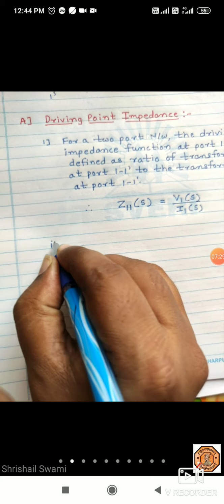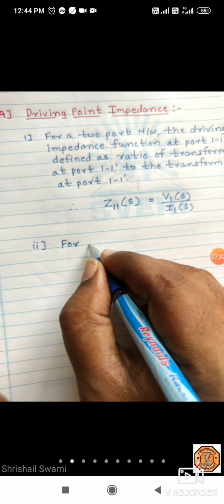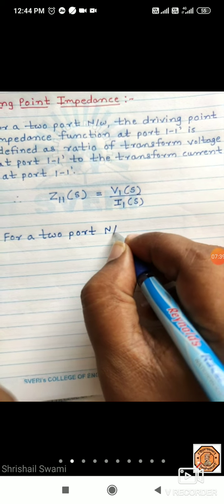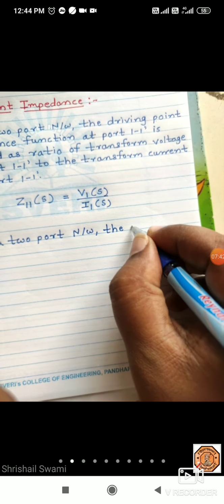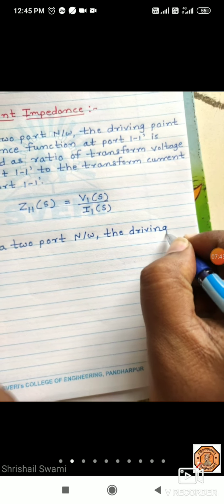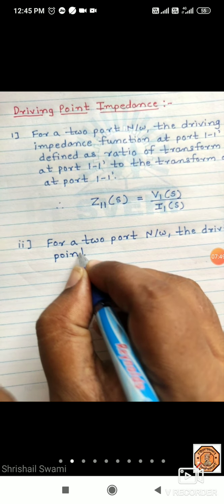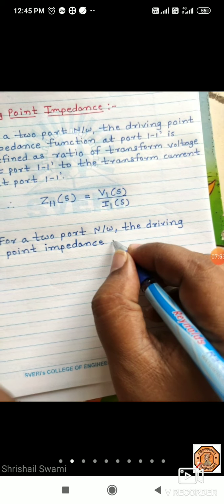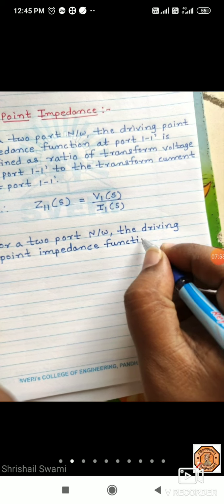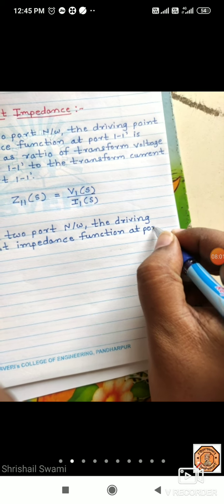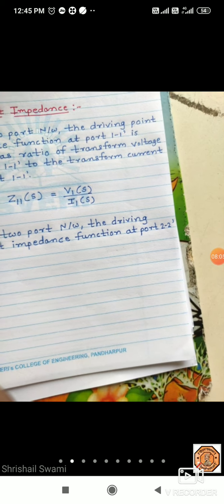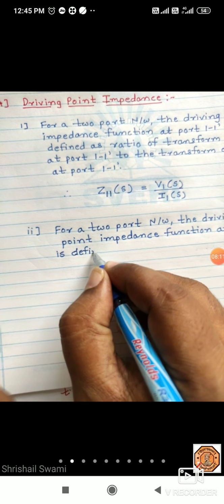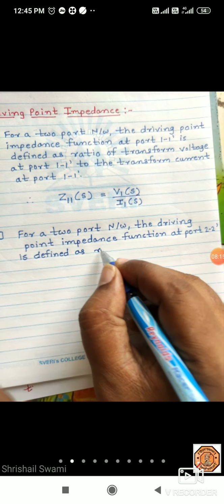Okay. Similarly, you can define for second port. For a two port network, the driving point impedance function at port 2 dash is defined as, so what will be now?